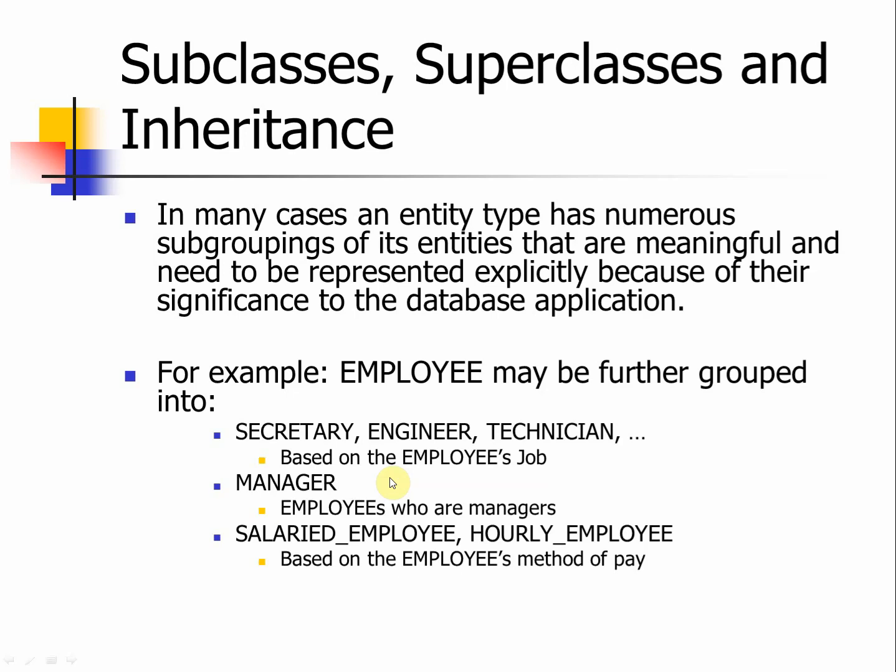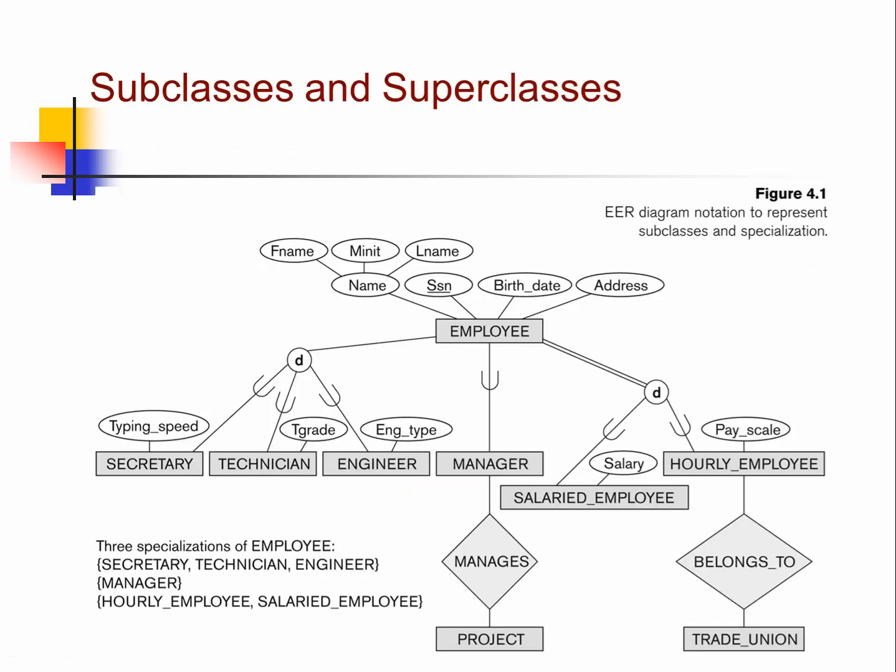And how do we represent these ideas in a very easy, understandable ER diagram? That lies in the topic of the EER part. This gives you a very clear understanding that based on different separations, we can subgroup the employee into different categories.